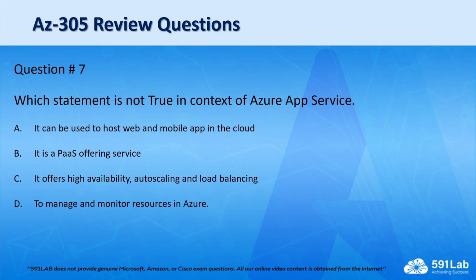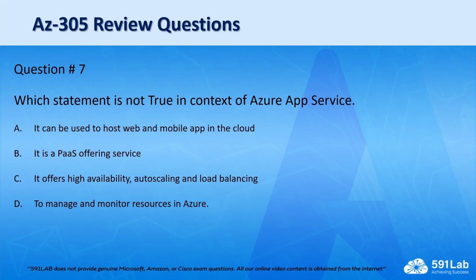In the context of Azure App Service, this line is true. It is a PaaS offering service. This line is also true. It offers high availability, auto scaling, and load balancing. This option is also true. Azure App Service can be used to host web and mobile applications, it is a PaaS offering, and it also offers high availability, auto scaling, and load balancing.